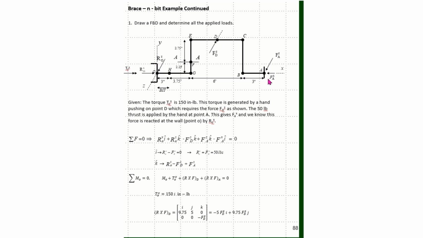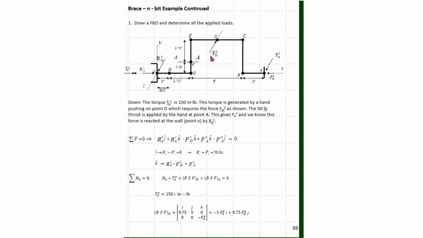So the user will actually apply the FAX here as well as an FAZ. There isn't any other location on the bracing bit where a force in the Z direction that would counteract FDZ could be applied. And this is where the understanding of the problem and the real engineering comes into play.